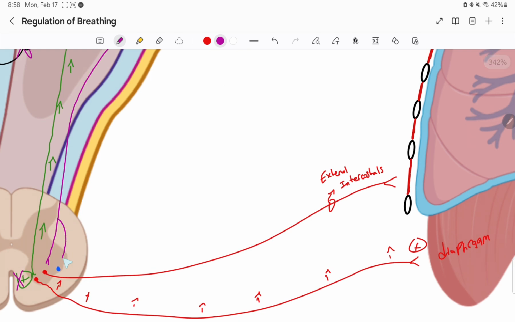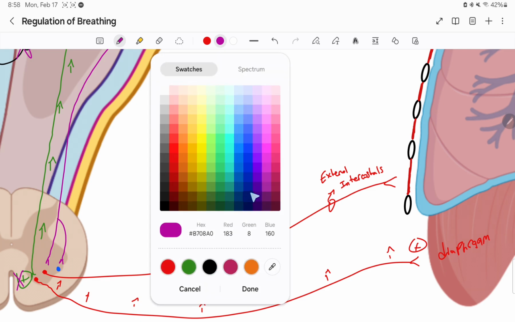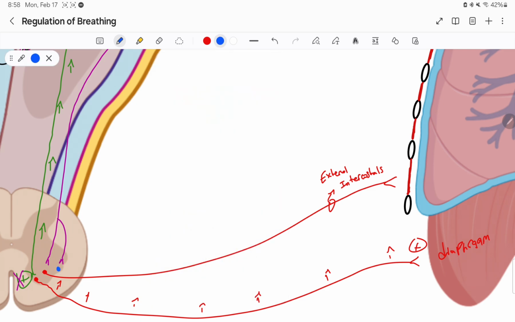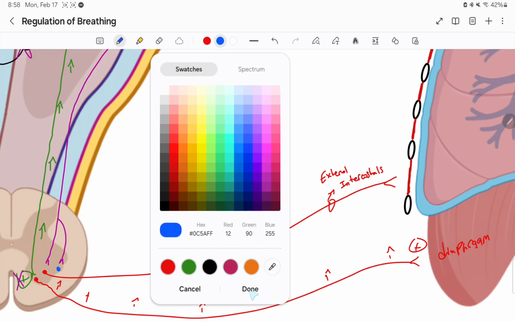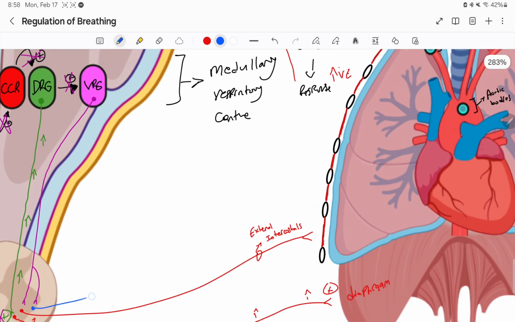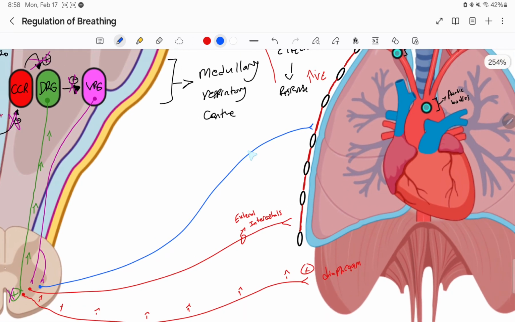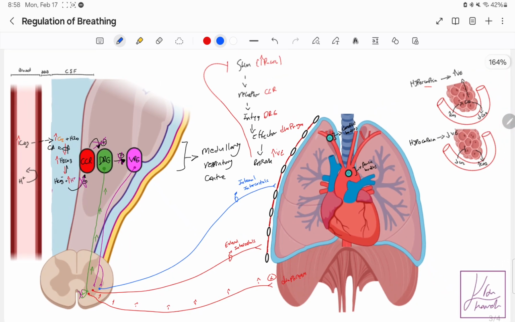Let's draw it like this. The expiratory neurons of the VRG come in, and they're going to act on these other motor neurons. These other motor neurons are going to go to specific muscles of expiration, like the internal intercostals or the abdominal muscles.